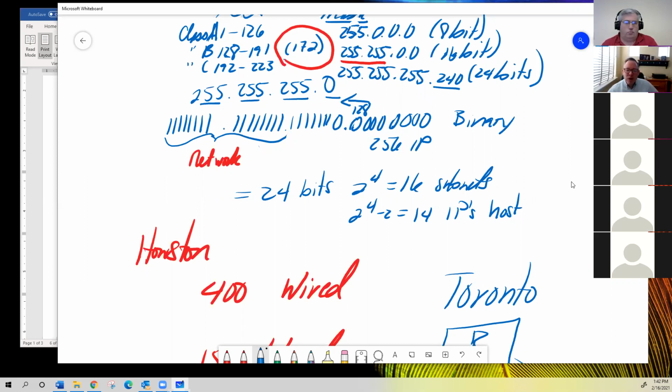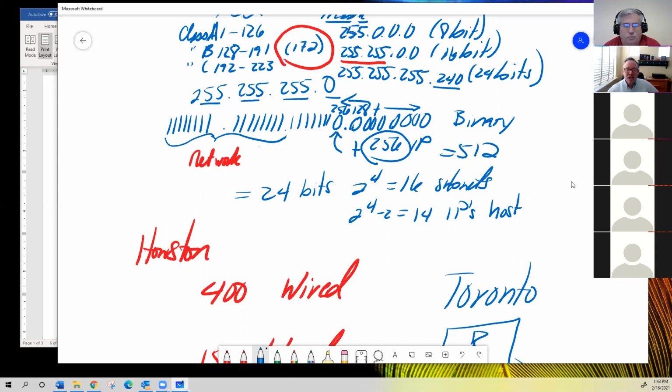What's after 128? 256. So when you added 128 plus all these other numbers, you got 256 plus another 256. What do you have now? 512. You have 512 addresses.